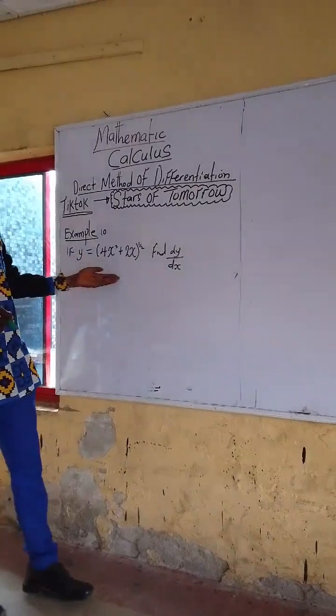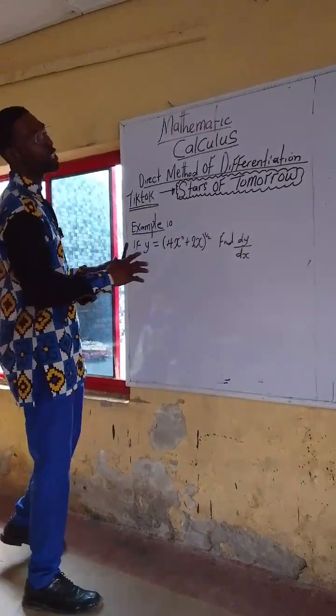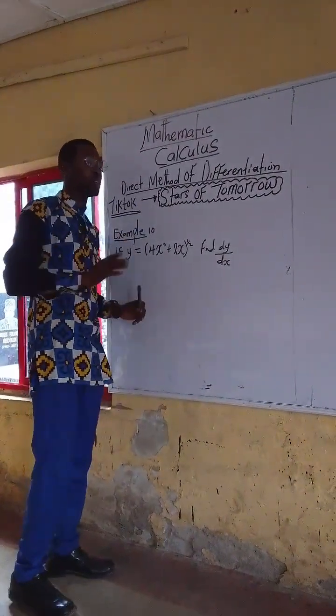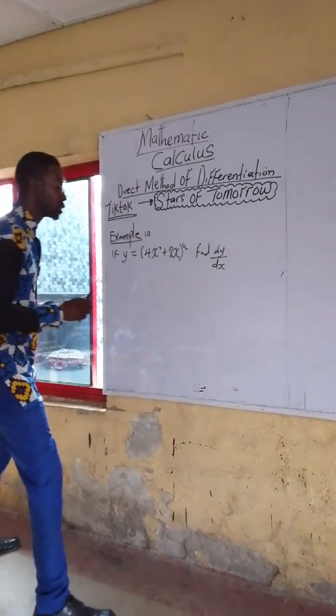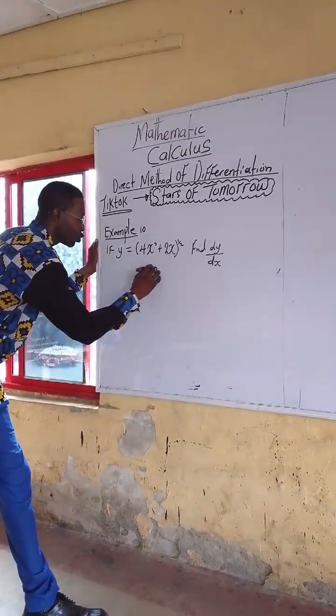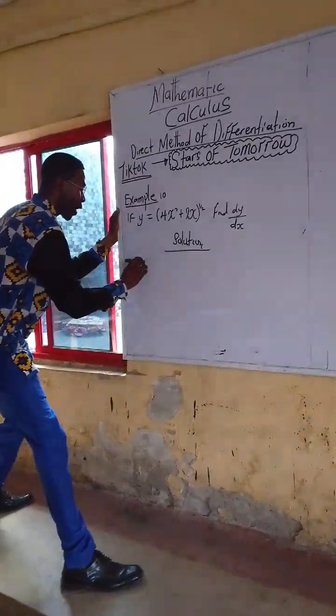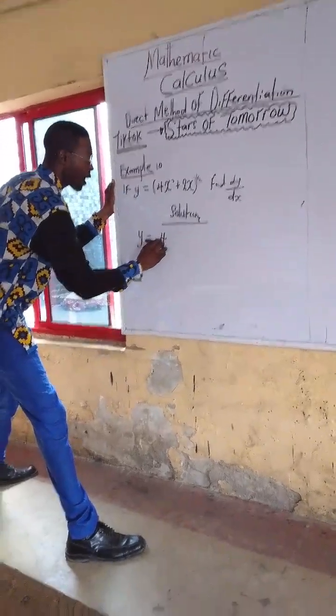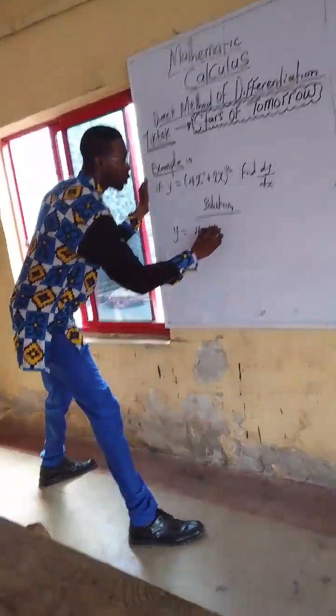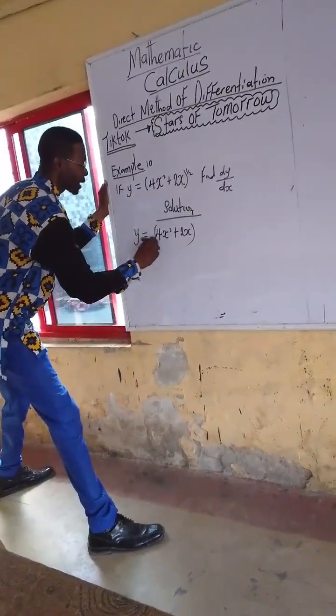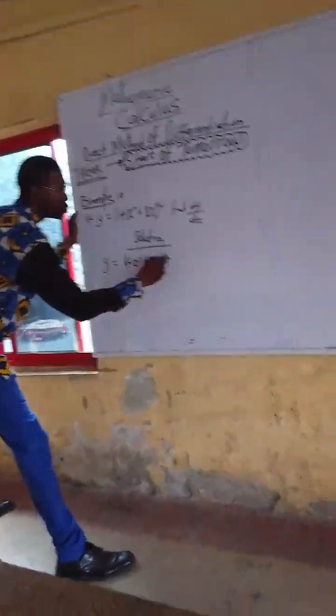When you look at this question very well, this question can put you in a state of topsy-turvy. But you must solve with a cool mind. For instance, they have given us this question. Solution. We have y is equal to (4x cubed plus 2x) to the power 1 over 2.